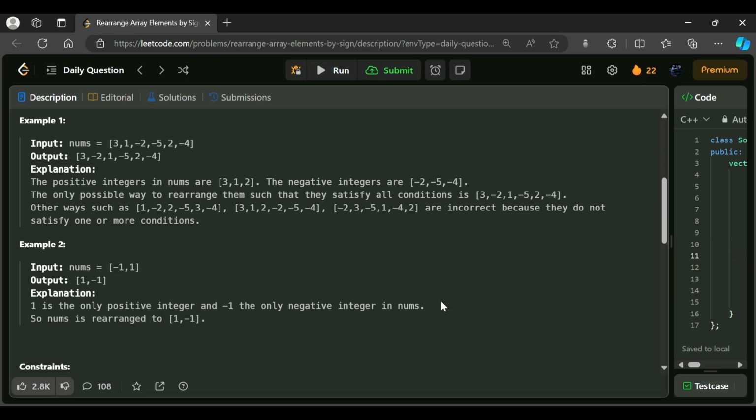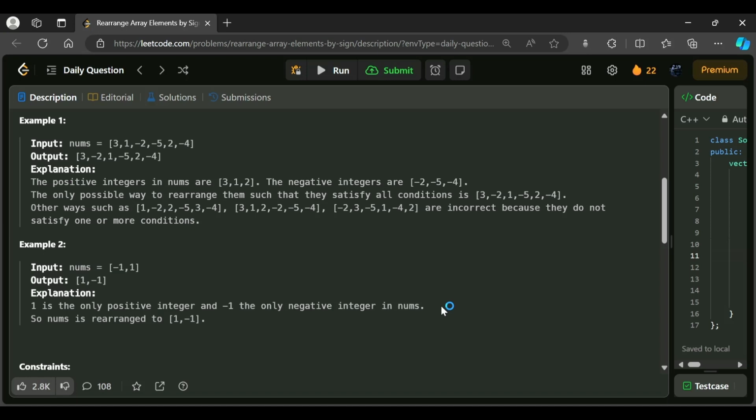Suppose you create a negative vector. Which elements will it store? Minus 2, minus 5, minus 4, in the preserved order. And in the positive vector you append 3, 1, 2, right?